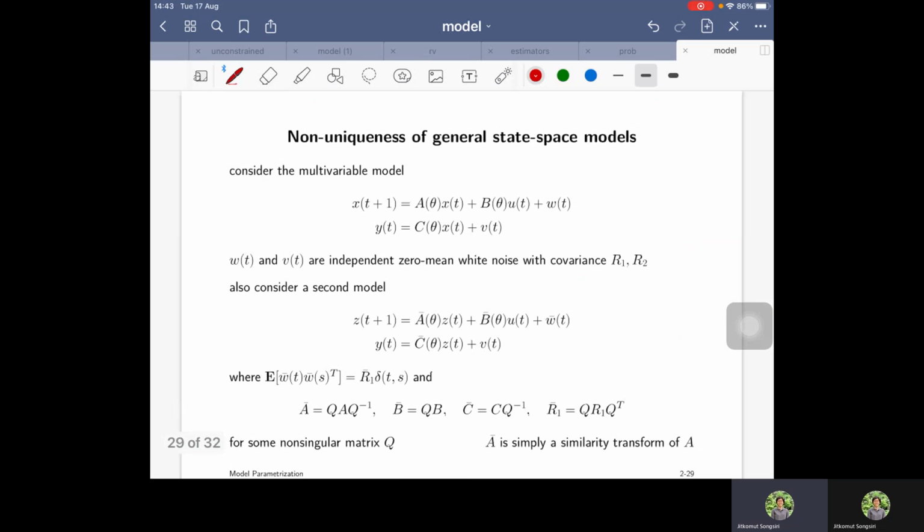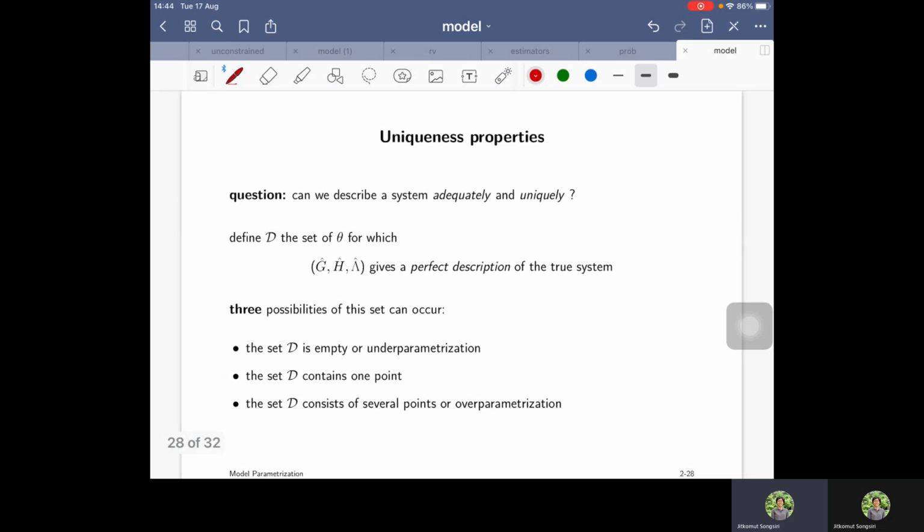Next, the last topic about choosing the model is the issue of uniqueness properties. When we come up with a model class, we may have the question of how we can get the system adequately and uniquely. In order to formalize things, we define the set D, in the format of a general structure model.